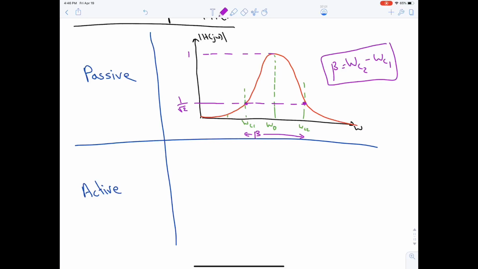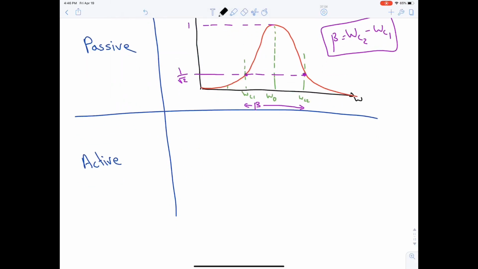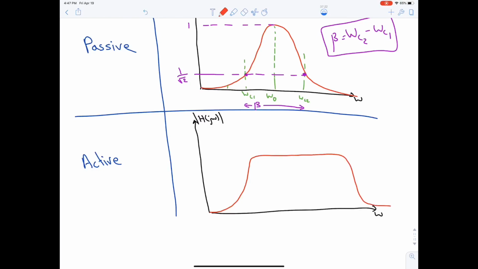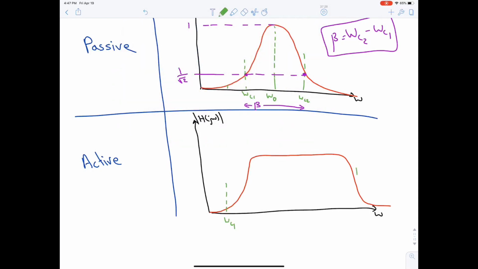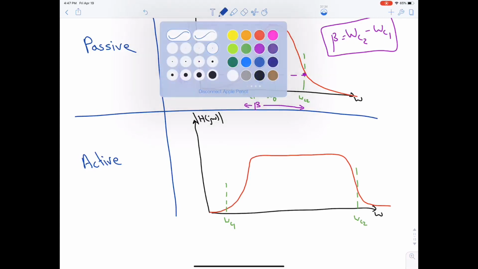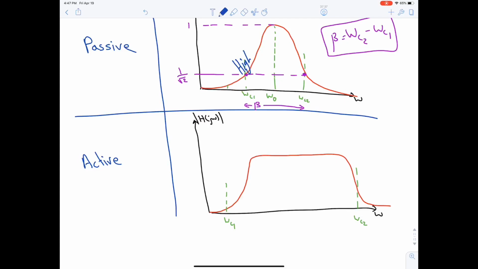Let's move on to the active. For the active filter, the magnitude plot is a bit different. It's like this. It starts low. Once it reaches the maximum, it stays on the maximum for a very long time and then drops again. So here we have omega C1, omega C2. If you remember, this was the high pass filter of the band pass filter, and this was the low pass, right?